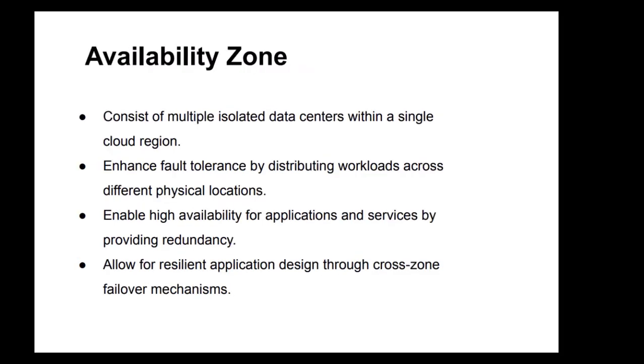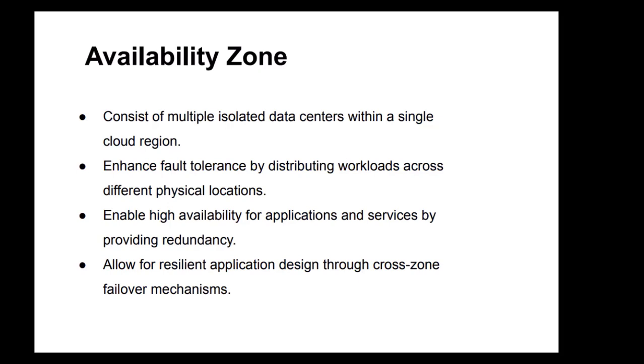Next, we have availability zones. An availability zone is when we have a single cloud region that will have multiple isolated data centers contained within. This allows us to have fault tolerance. We can distribute all of the workloads across different physical locations within the same geographic area.